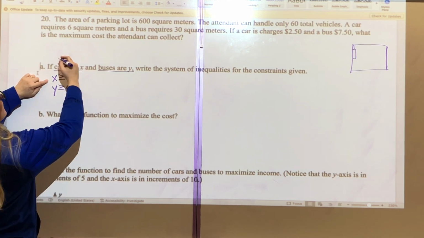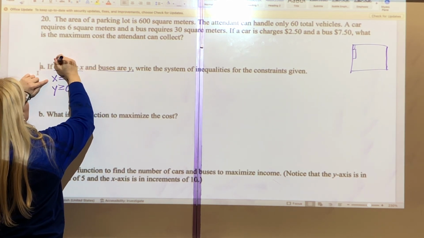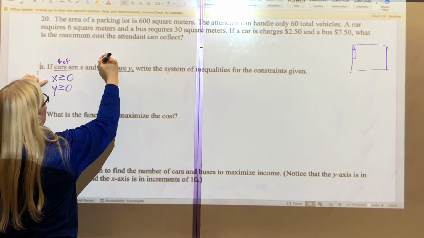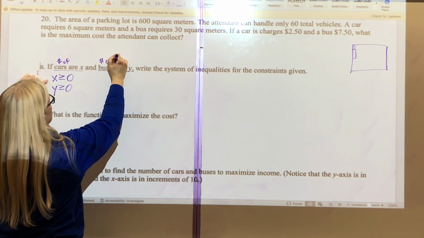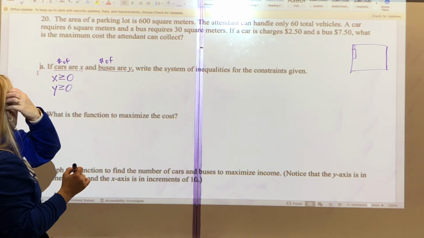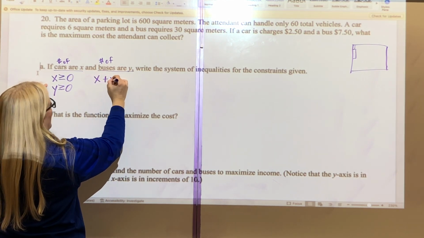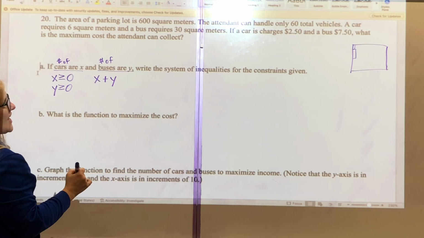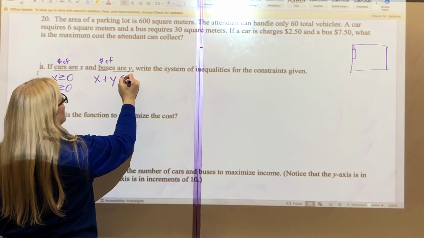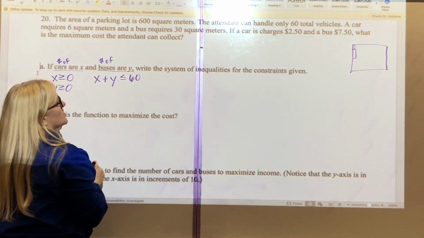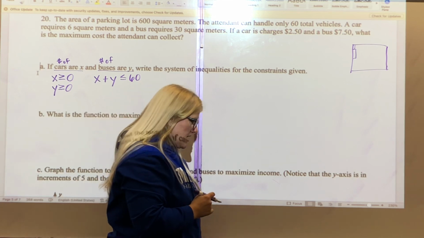If the number of cars and buses are X and Y, then X plus Y is less than or equal to 60, because we can't have more than 60 vehicles.